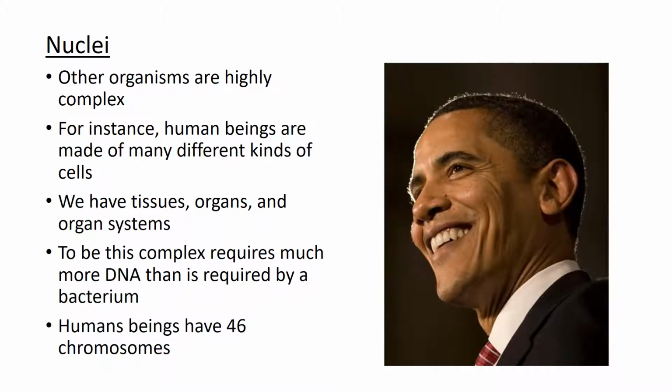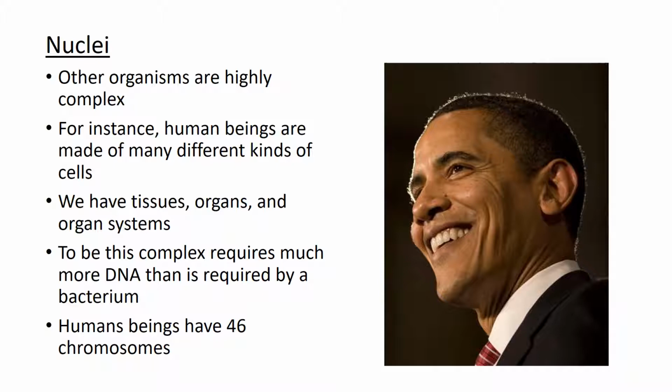On the other hand, some organisms are highly complex. For instance, human beings are made of many different kinds of cells. We have tissues that are organized into organs, and then those organs work together in an organ system. And so we're very complex. And to be this complex requires much more DNA than is required by a bacterium.